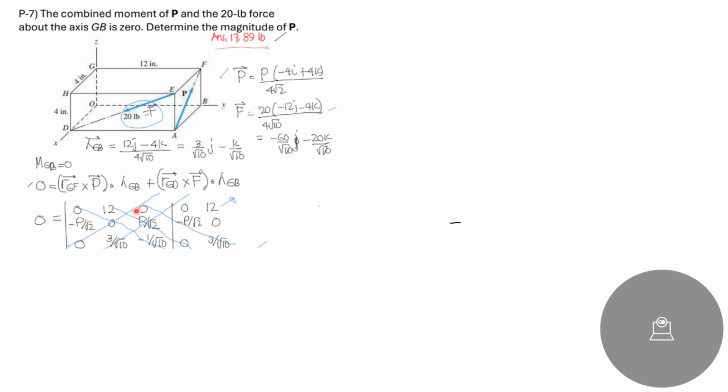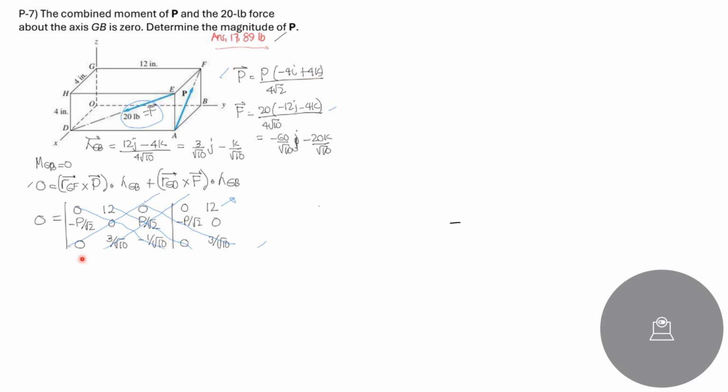So 0, 12, 0. Then components of P, after we cancel 4, negative P over square root of 2. Then component along Y, there's no j, so 0. Then 4 over 4 is 1, so P times 1 over square root of 2, so P over square root of 2.